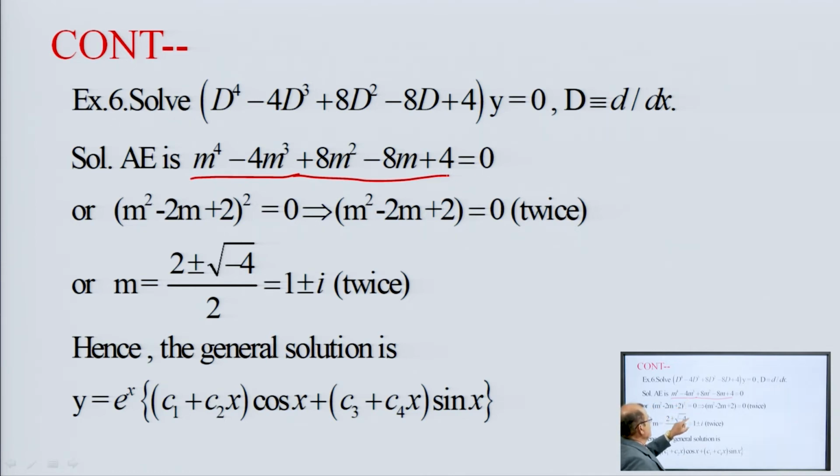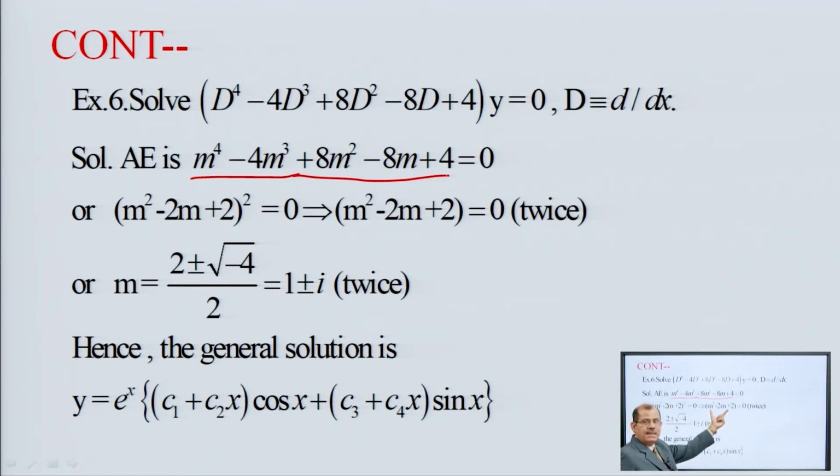We factorize it, we get m square minus twice m plus 2 whole square is equal to 0, means m square minus twice m plus 2 is equal to 0 twice.